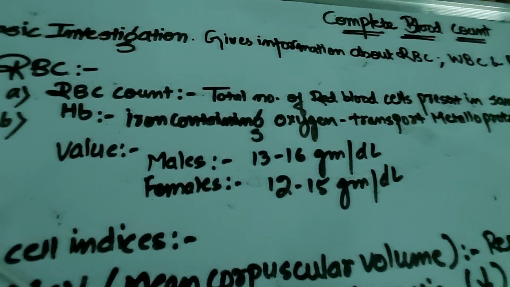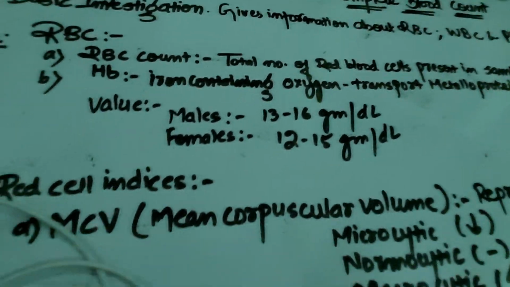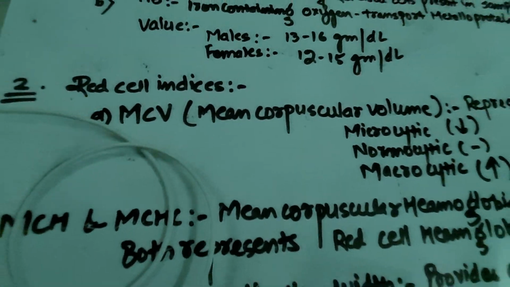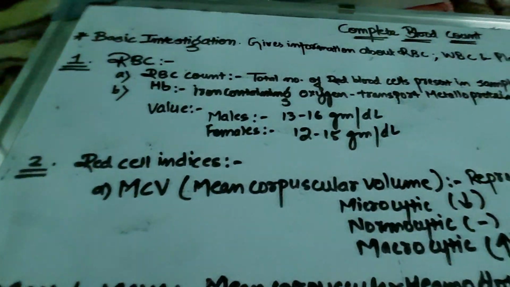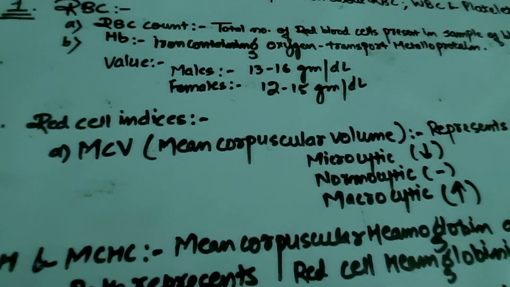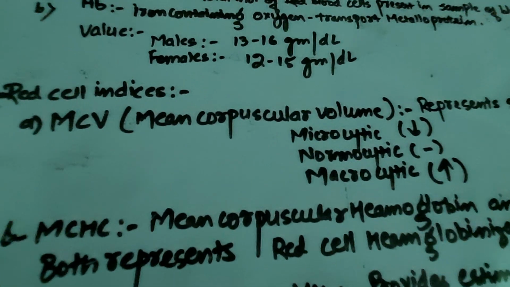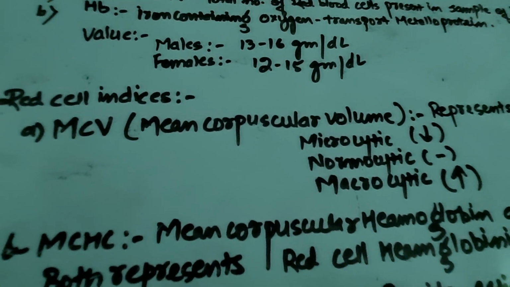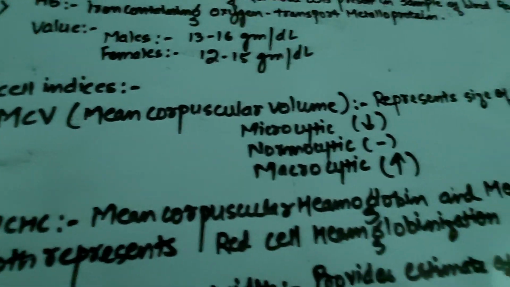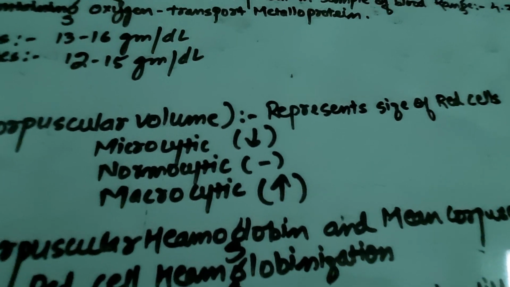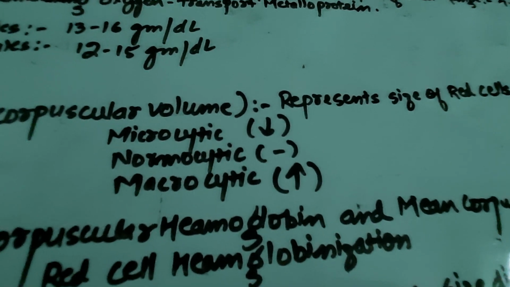After knowing RBC count and hemoglobin, it is very important to know about red cell indices. The red cell indices are very important for any anemia. The first thing is mean corpuscular volume. What is MCV? It represents the size of red cells. Again, I am repeating.